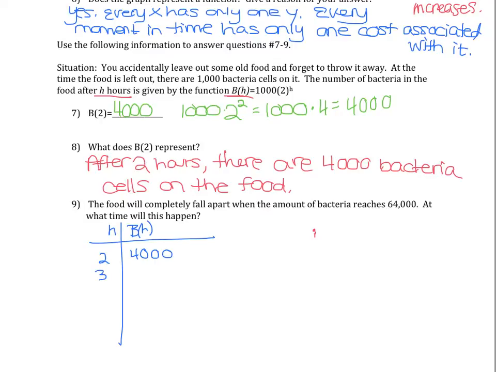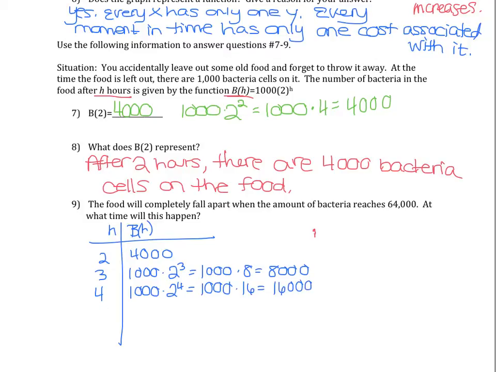So at 3 hours we have 1,000 times 2 to the third, which is 1,000 times 8, which is 8,000. At 4 hours, we have 1,000 times 2 to the fourth, which is 1,000 times 16, which is 16,000. At 5, we have 1,000 times 2 to the fifth, which is 1,000 times 32, which is 32,000.